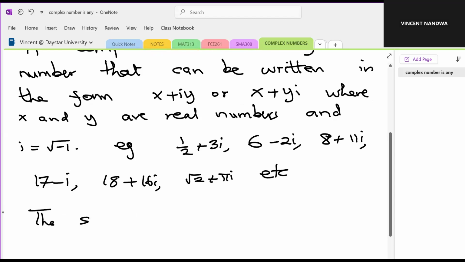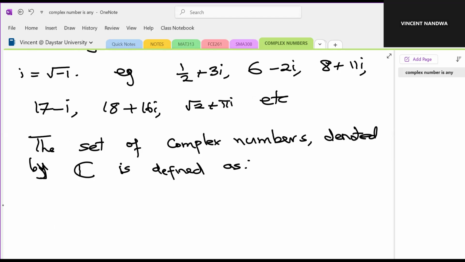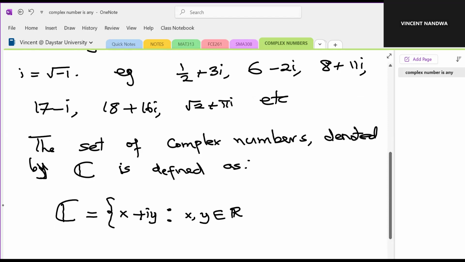So the set of complex numbers, denoted by bold C, is defined as the set of all numbers of the form x plus iy such that x and y are real numbers and i squared is equal to -1, or simply the square root of -1 is i. So this is how we define the set of complex numbers.